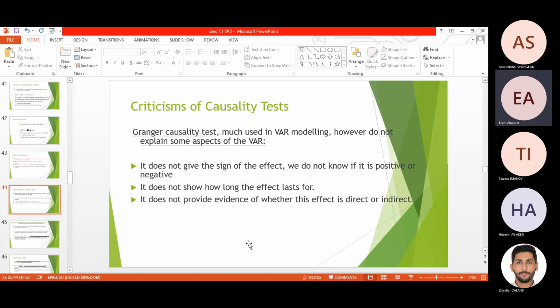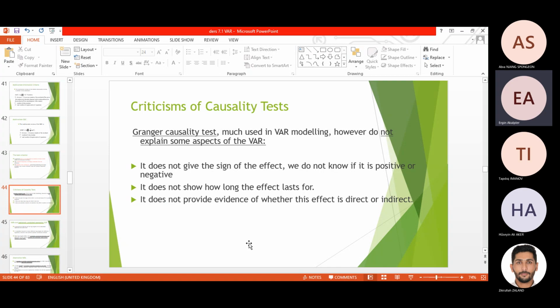Criticism of causality tests. Granger causality tests are much used in VAR modeling, however, they do not explain some aspects of the VAR. The causality test only gives the relationship and the causality and correlation between the variables, and this is not good information about the model.